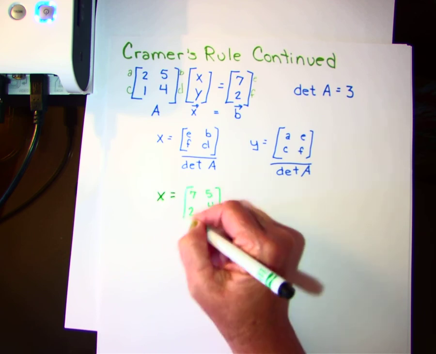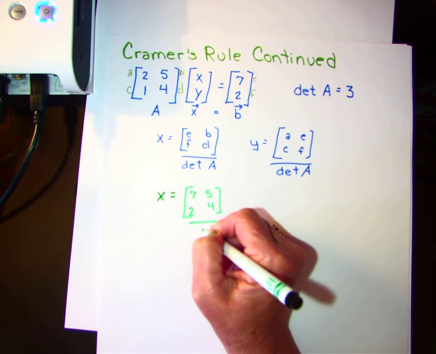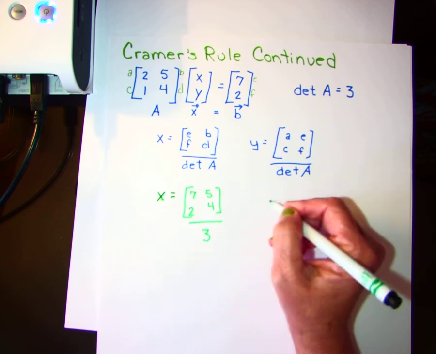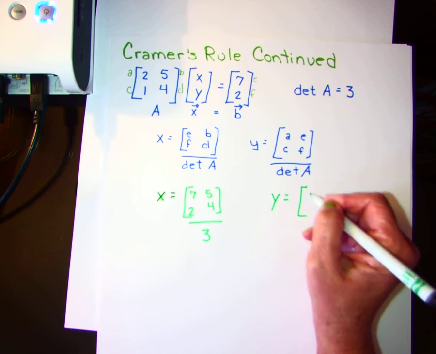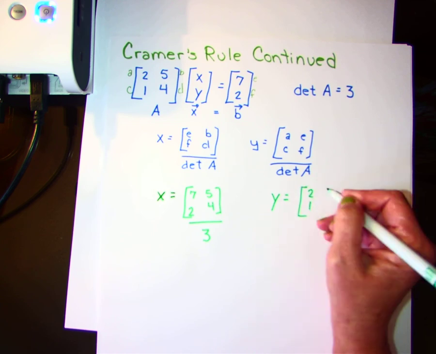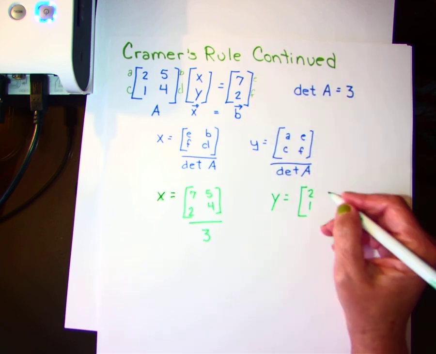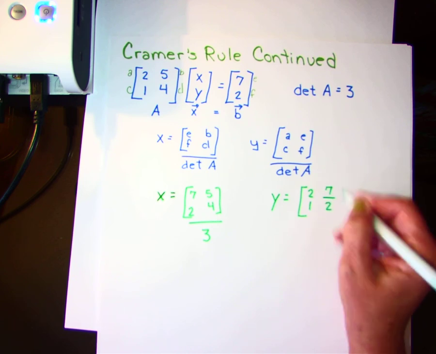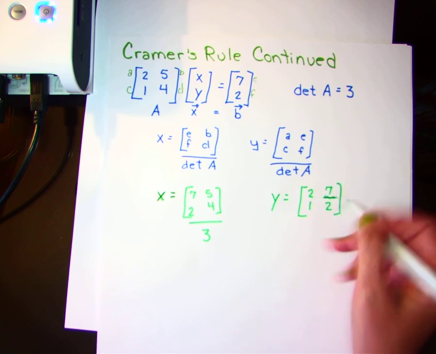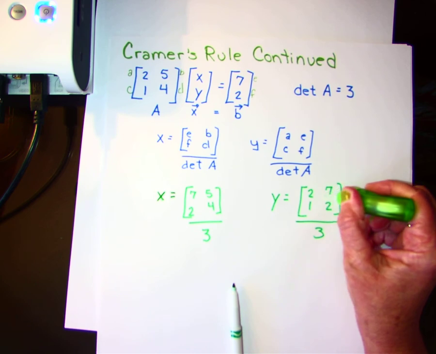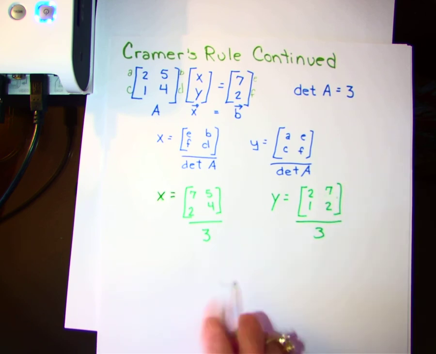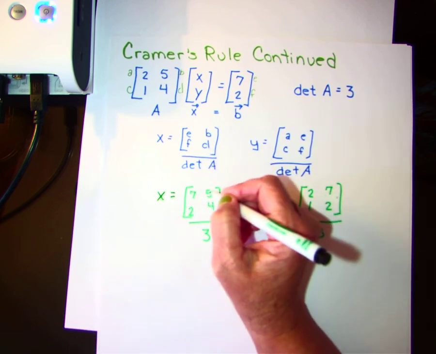So that matrix over the determinant of A, which was 3, and then y will equal a, c, which is 2, 1, and then our solution, 7, 2, over 3. Now, if you look at this, what we've got is two additional matrices, and we're going to get the determinants of these, okay?